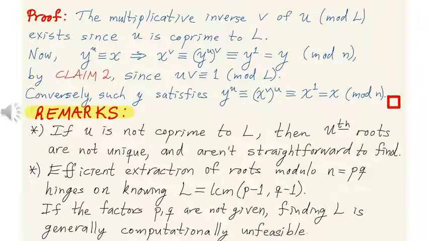So a couple more remarks. The first one is that when the power that you raise to is not coprime to L, which is the exponent for the group U_n, then there's not a unique uth root, so the problem is potentially more complicated.